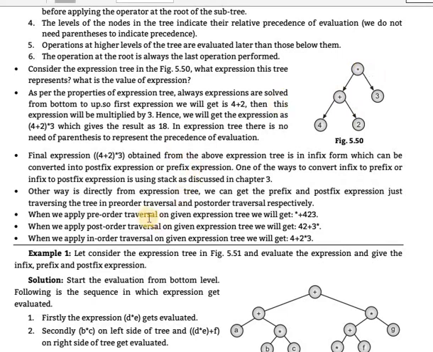It is the pre-order. Post-order condition: left, right, after that root. The left is 4, right 2, root, after that 3, after that multiplication. In-order: left, root, right, 4 plus 2, after that multiplication 3. These are the expressions.